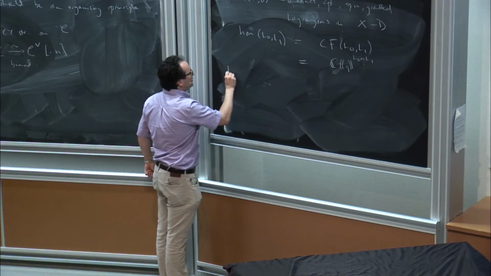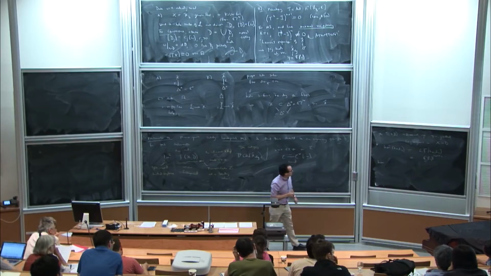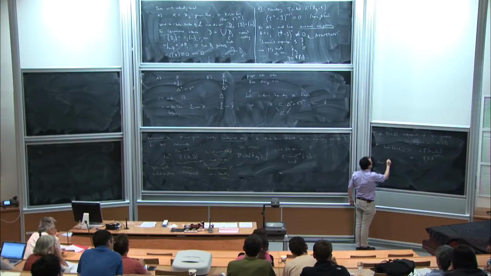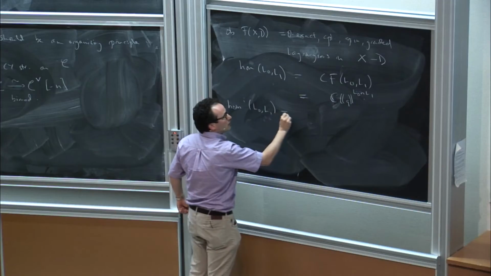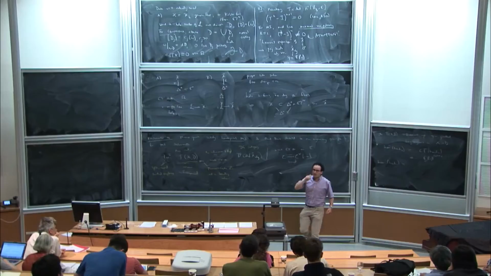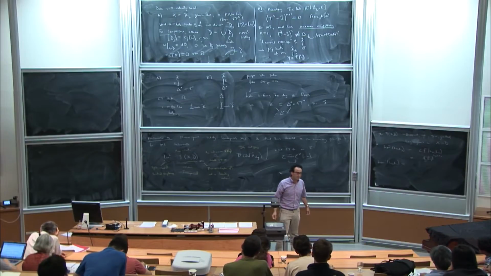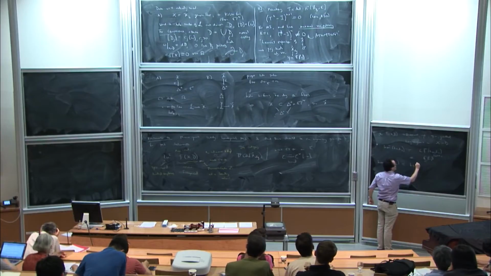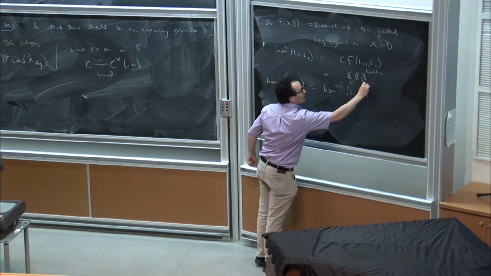One of the features of Lagrangian Floer cohomology is that you have a duality like so. Intersections of L0 and L1 are the same, of course, as intersections of L1 and L0, and that idea gets elaborated into a pairing like so.